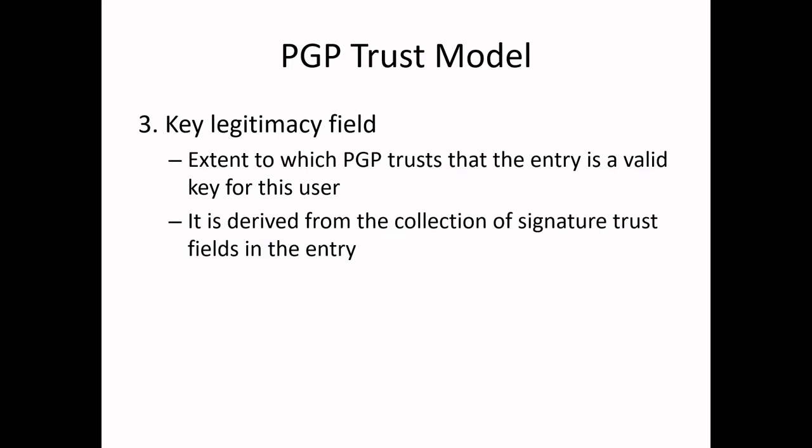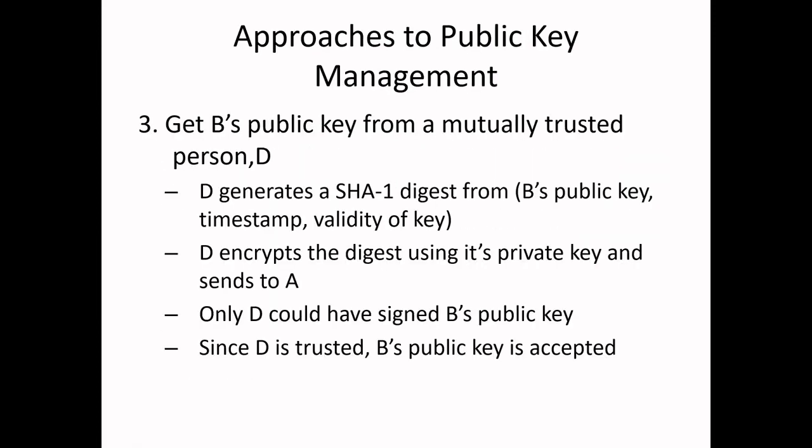That is, PGP has complete trust that this particular public key belongs to this particular user, or it has only limited trust, and so on. The value of this key legitimacy field is derived from the collection of signature trust fields in this entry. We'll go back to that picture once again.